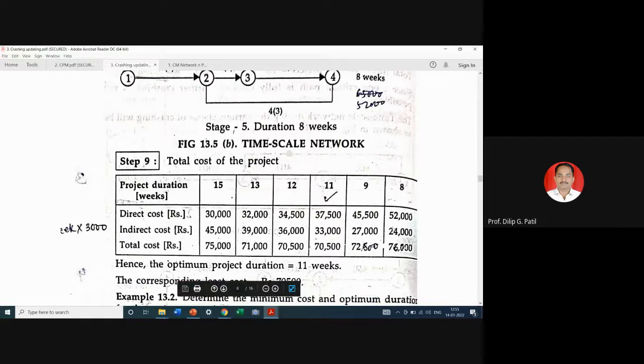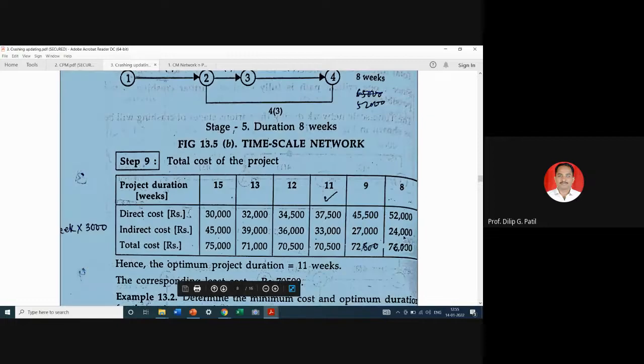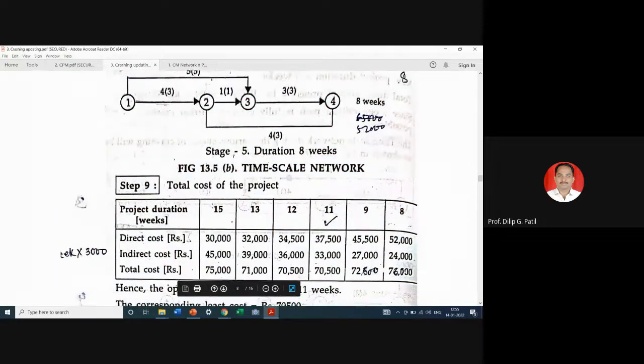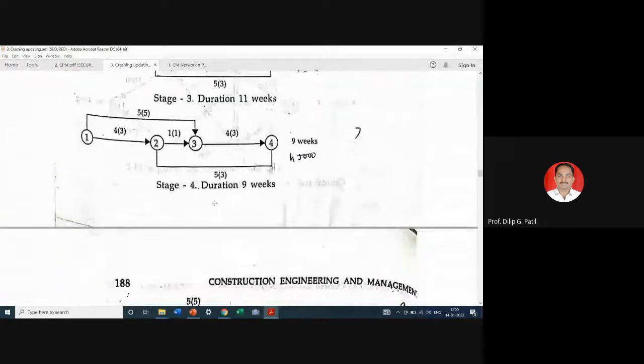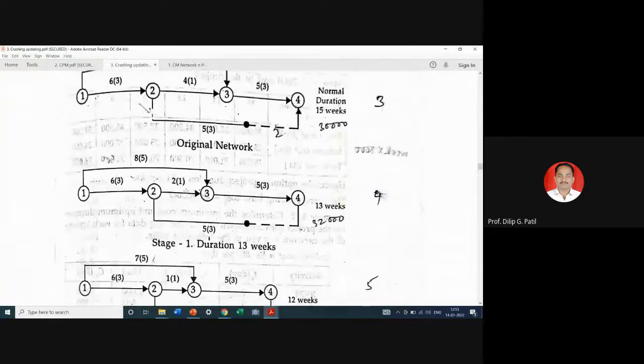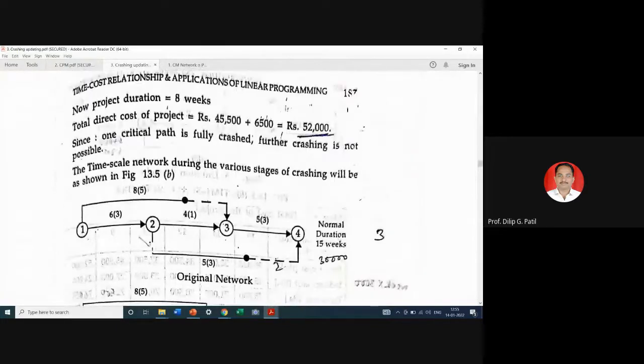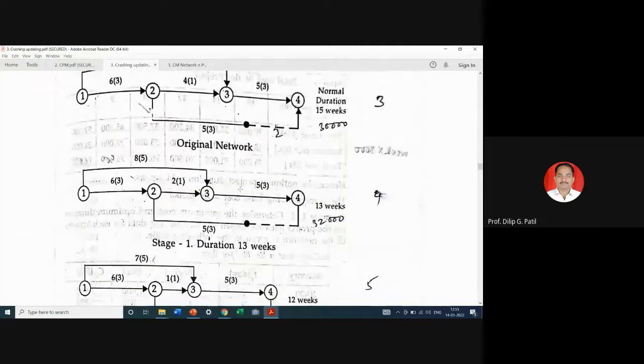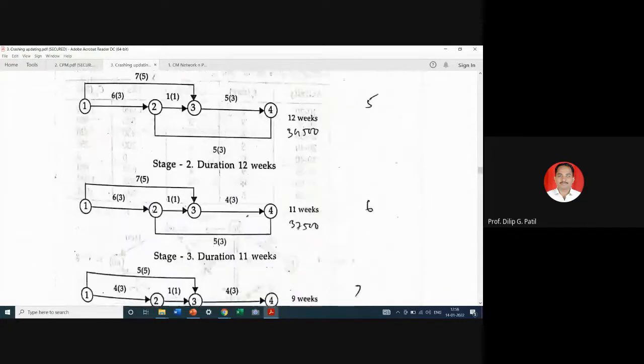So as I told, you can stop after 9 weeks also because total cost has started increasing, but up to maximum level of crashing we have tried to crash. So considering all these step by step crashing, you can see that you have crashed up to maximum limit and now there is no scope for crashing.